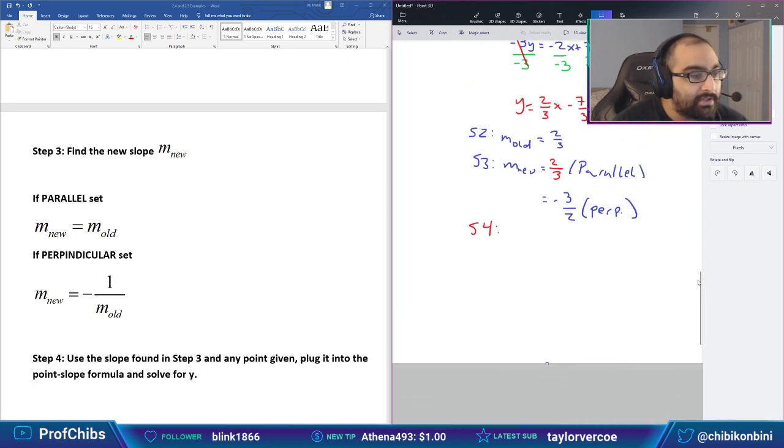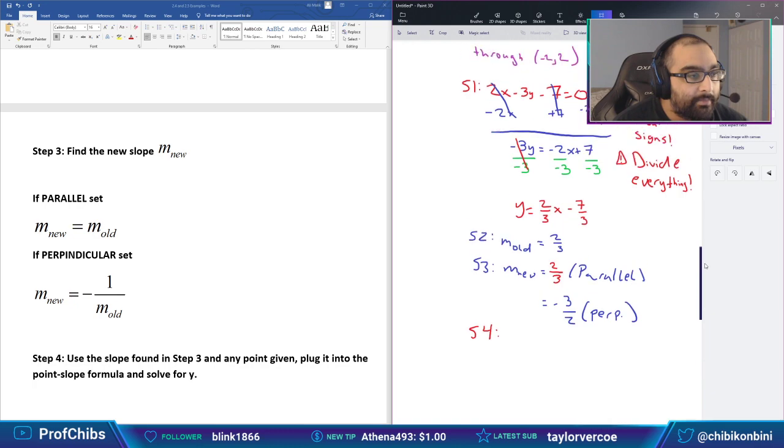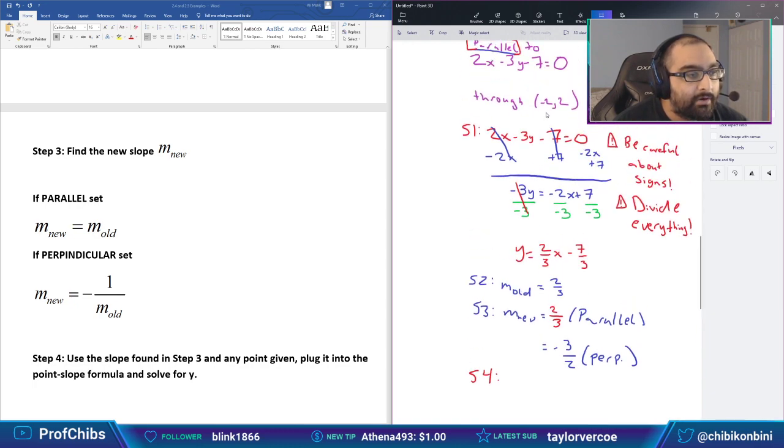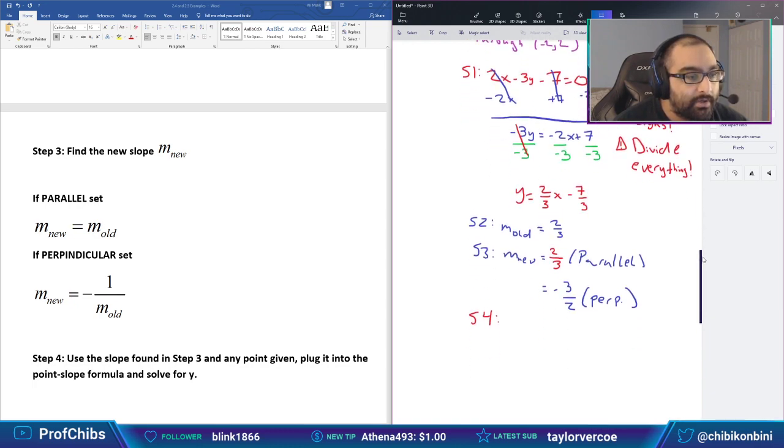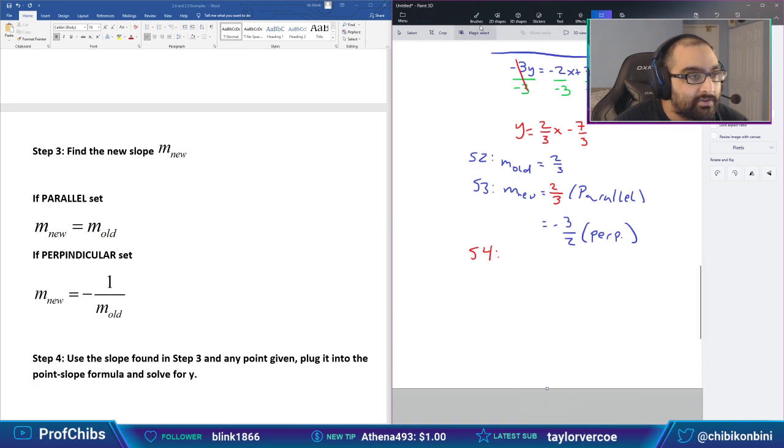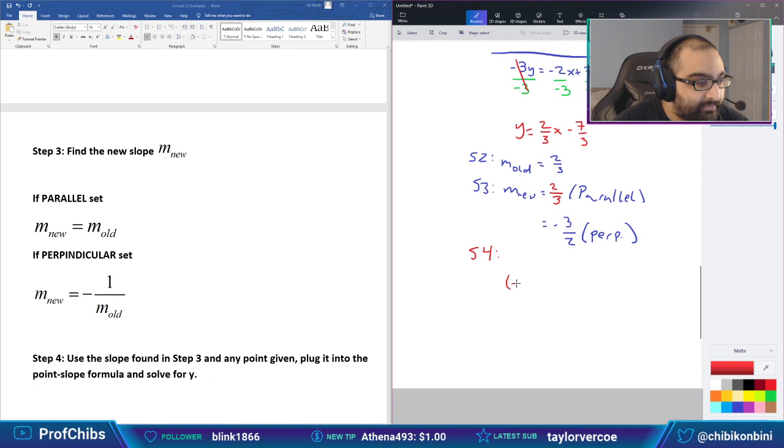The point that we're given here is -2, 2. We have the parallel slope to be 2/3, or the perpendicular slope to be -3/2.